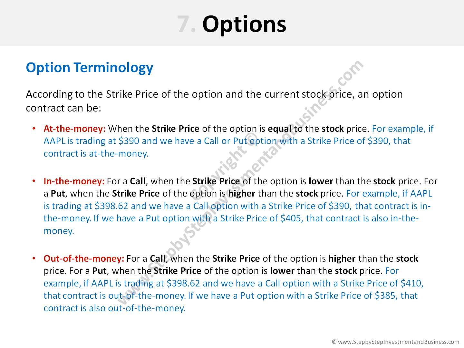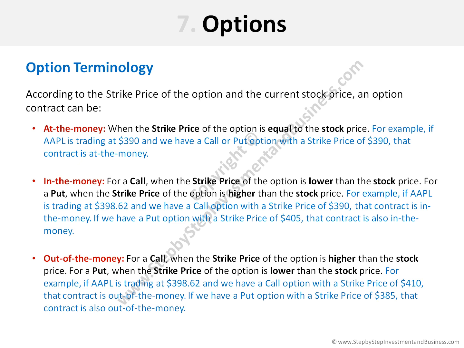And finally, we have out-of-the-money options. For a call, when the strike price of the option is higher than the stock price. And for a put, it is when the strike price of the option is lower than the stock price.